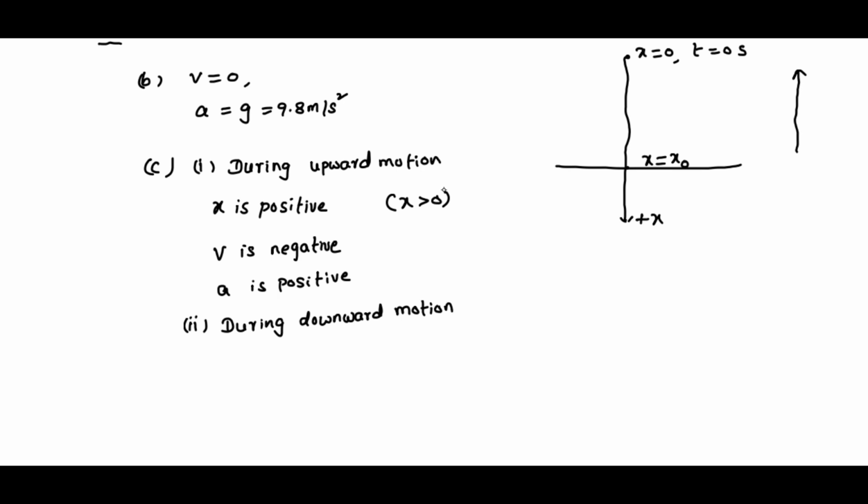During downward motion, again x is positive and v is positive and a is also positive.